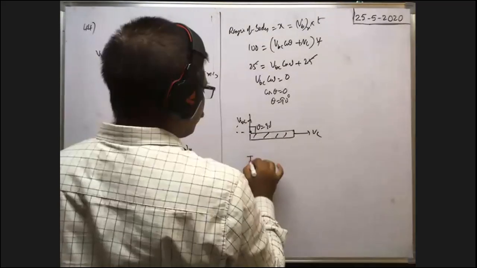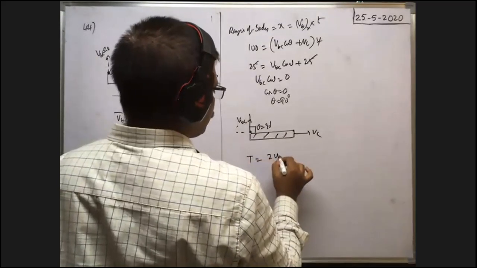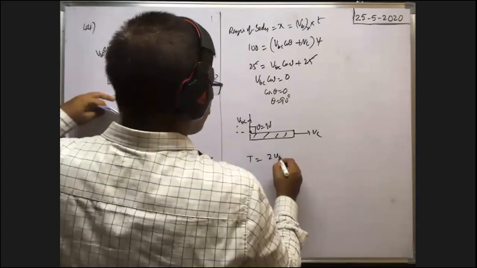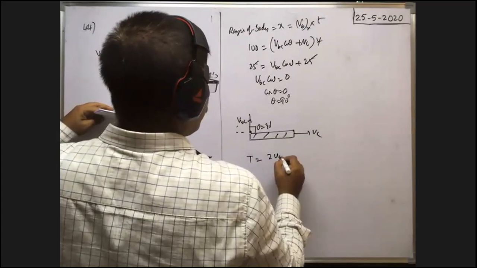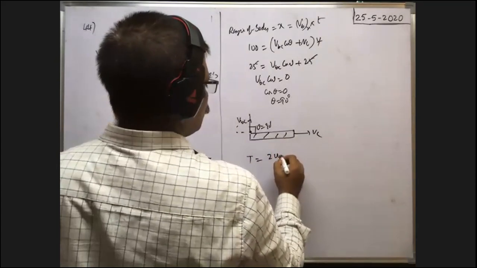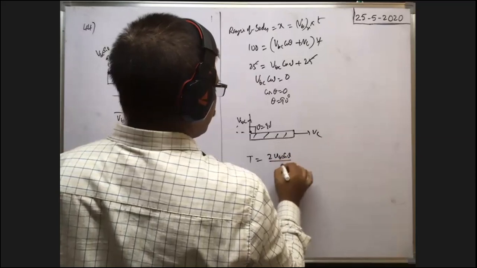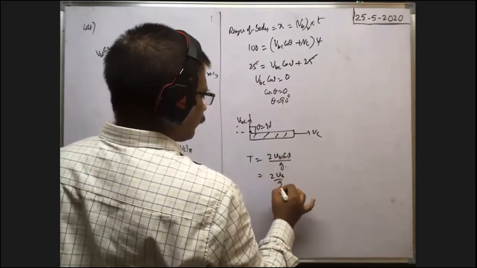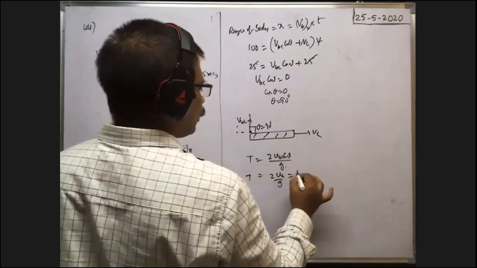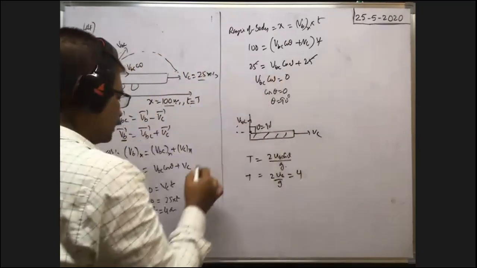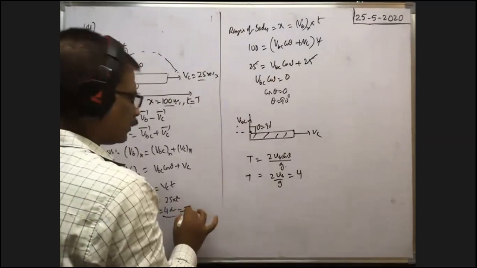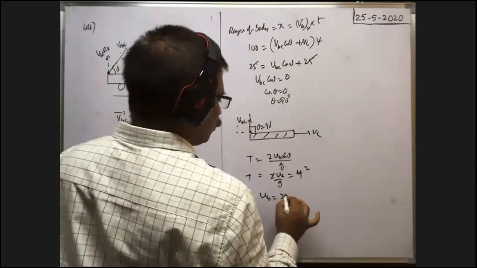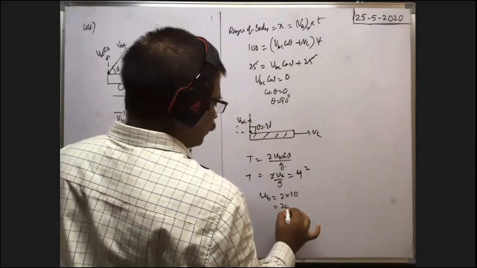That's why time of flight is equal to 2u sin theta by g. Here 2 into ub sin theta by g, and of course theta is 90, so 2ub by g. It is the time of flight, that is equal to 4, because we got 4 seconds. Therefore ub is equal to 2 into g, 10, that is equal to 20 meter per second.